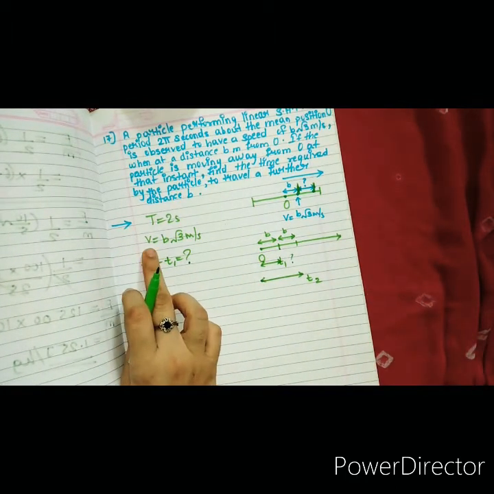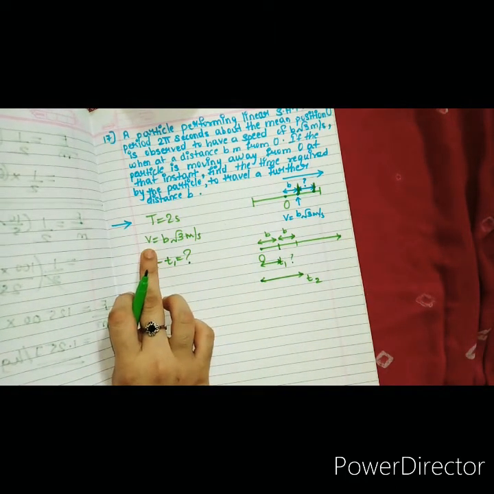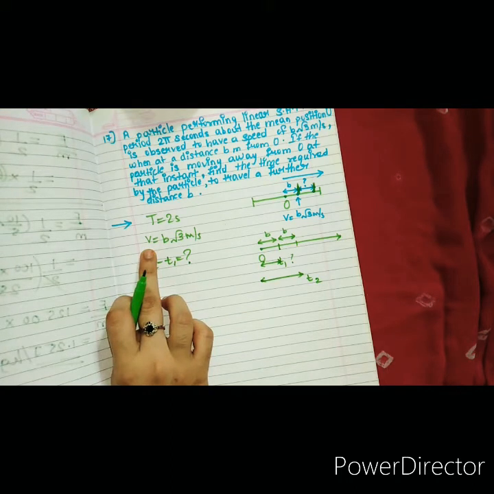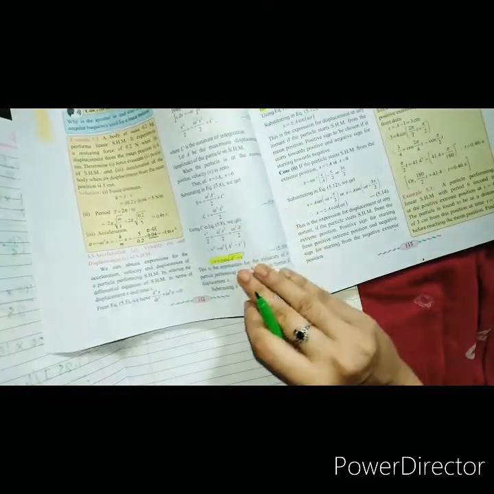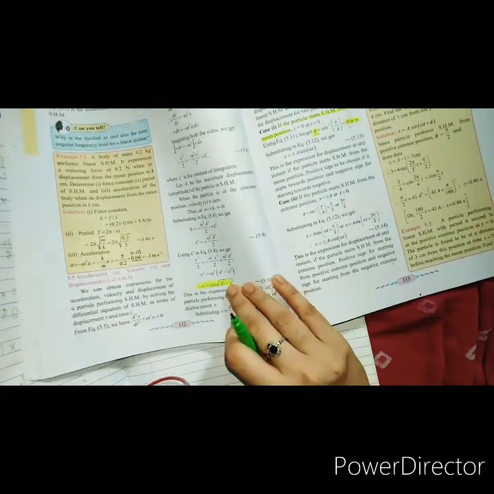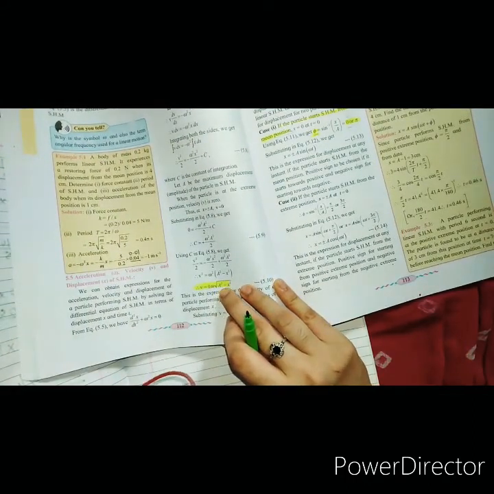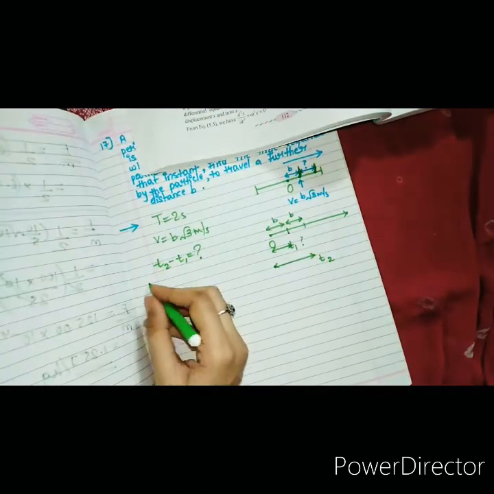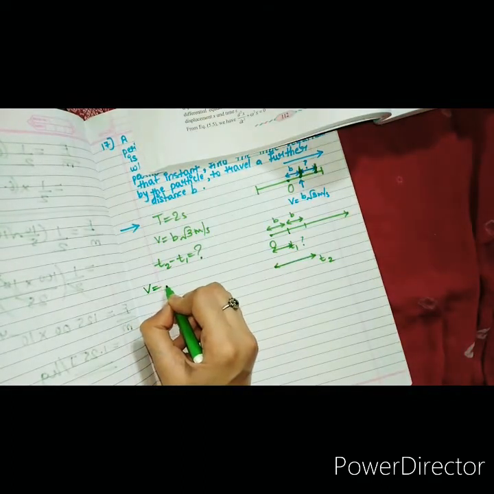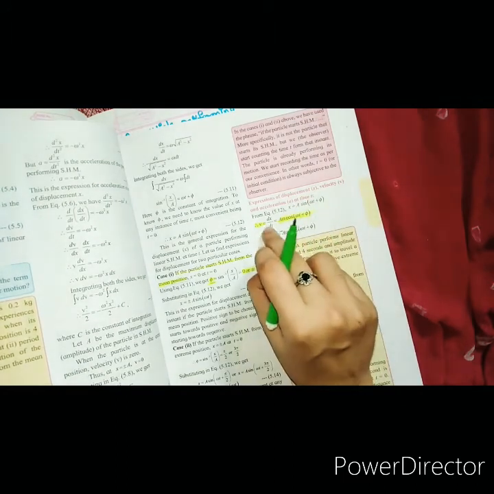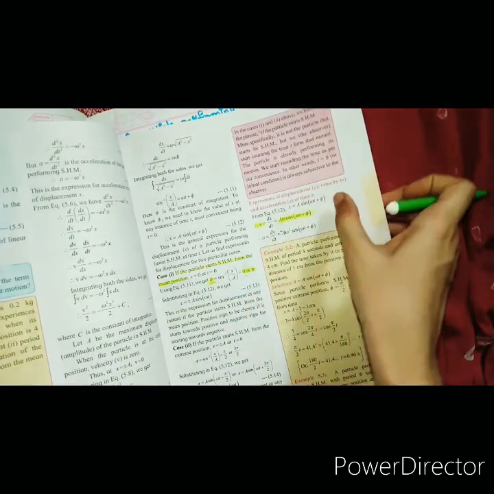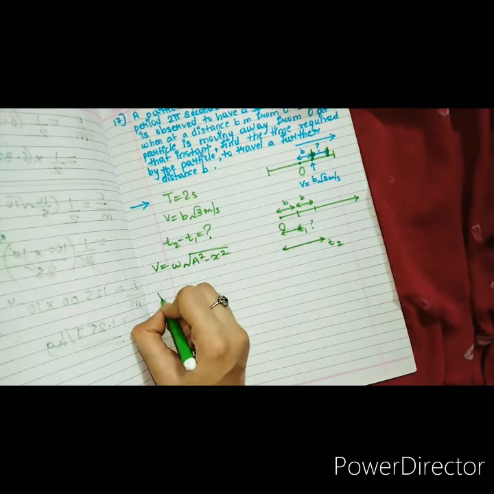I don't have anything given over here, just a velocity, which is guiding me that you will have to solve this numerical using the formula of velocity, and the body is performing simple harmonic motion. So we have two formulas for velocity. One is at page number 112, where the formula is omega under root a square minus x square. And the other formula of velocity at time t is a omega cos(omega t plus phi).